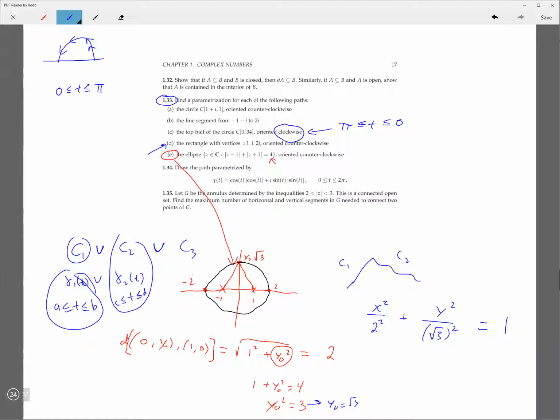Okay, so that's the equation if we were in rectangular coordinates.